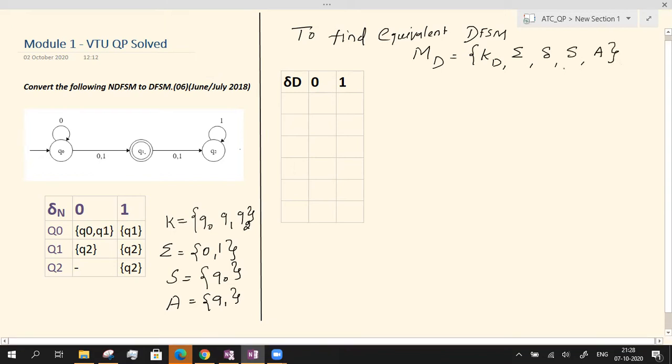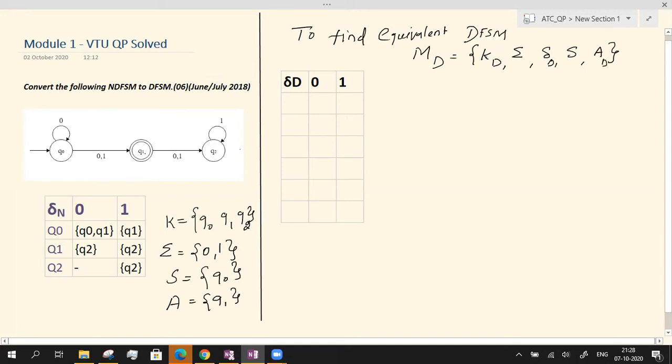These are the 5 tuples we have to define. Sigma remains the same for both NFSM and DFSM, but the states of the DFSM will certainly differ from the states of the NFSM. Transitions differ. Starting state remains the same, but accepting state differs.